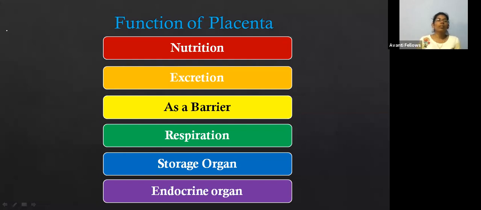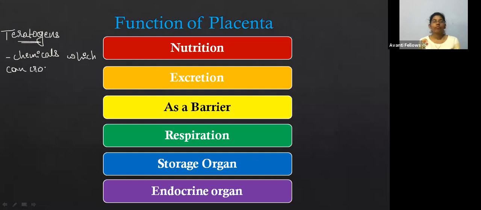Nishita. Okay, so here one more word I want to introduce, that is teratogens. Teratogens means what? Teratogens are the chemicals which can cross the placenta and affect the embryo.